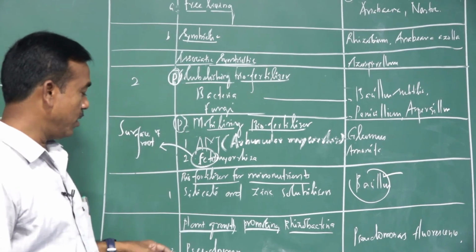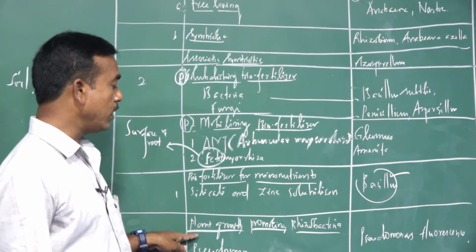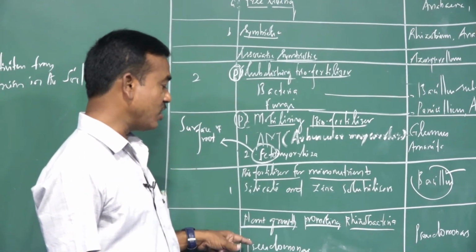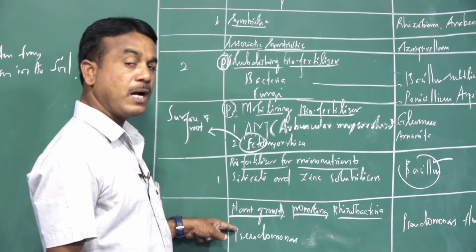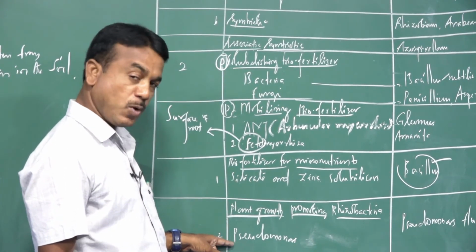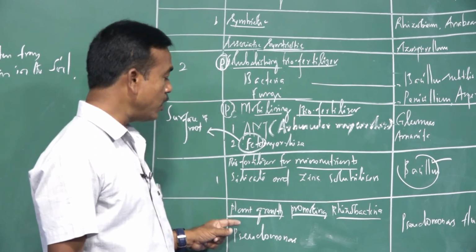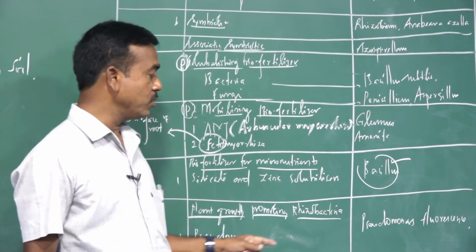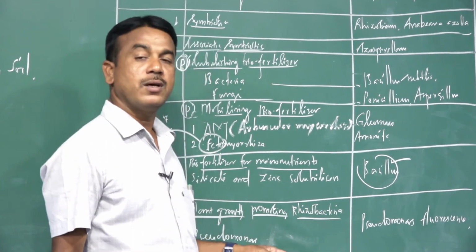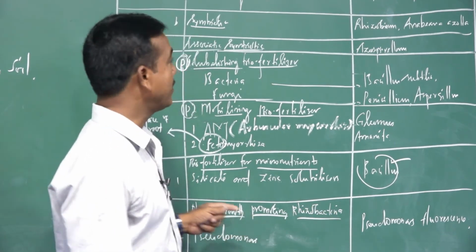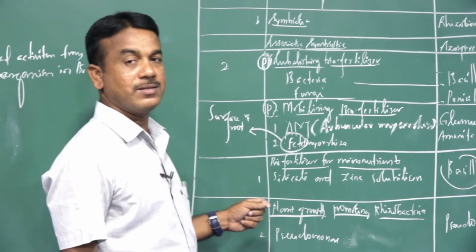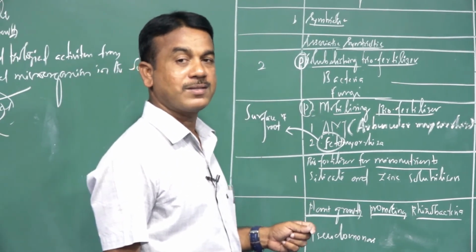The last one, plant growth promoting rhizobacteria, or which organisms are responsible for promoting plant growth: Pseudomonas. An example of plant growth promoting rhizobacteria is Pseudomonas fluorescens. So those are the classifications of biofertilizers. Can I go to the next one?